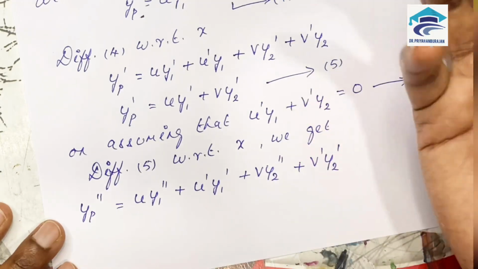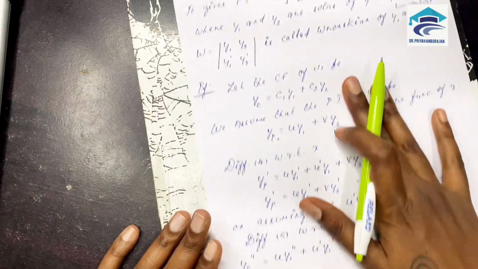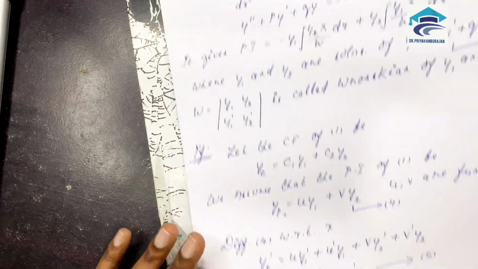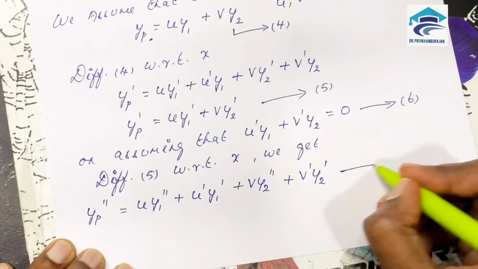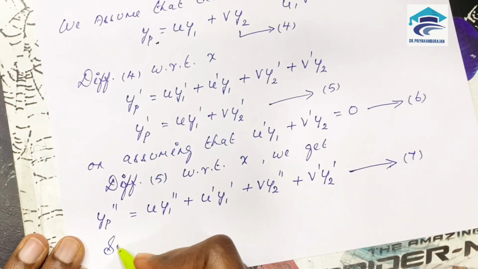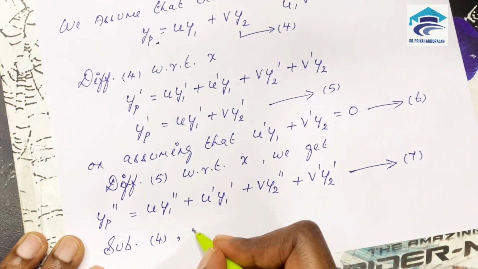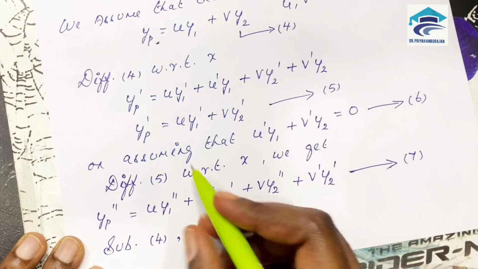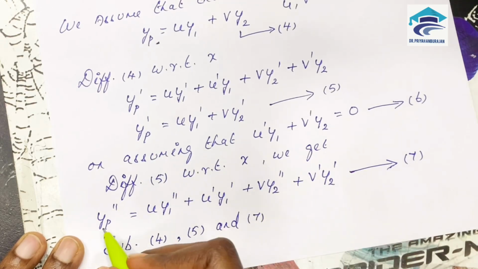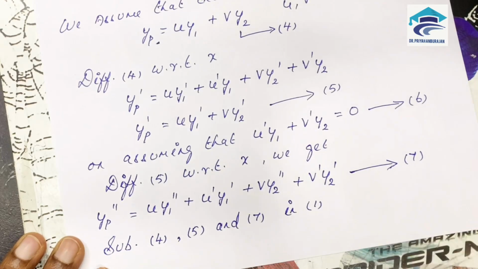Now we have y dash and y double dash, and I'm going to substitute everything in my equation 1. So let me mark this as 7. Substituting equation 4, that is your y, equation 5, your y dash, and equation 7, your y double dash, in equation 1.